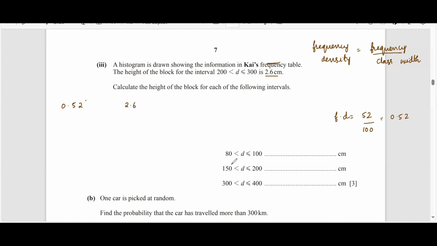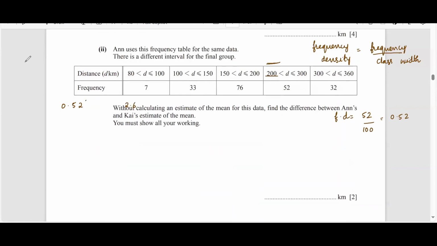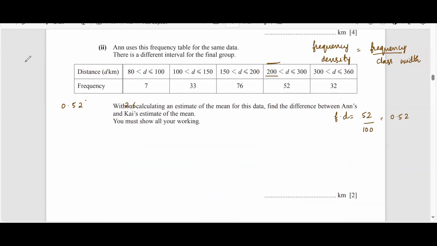Now, we need to find the height of the block for each of the following intervals. Let's check 80 to 100. The frequency is 7 and the class width is 20.